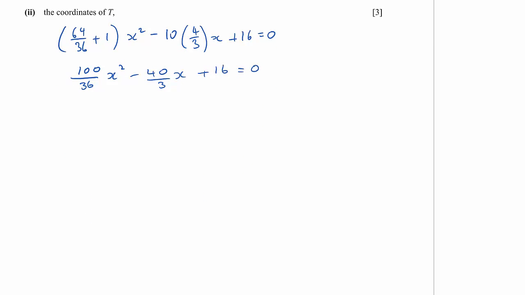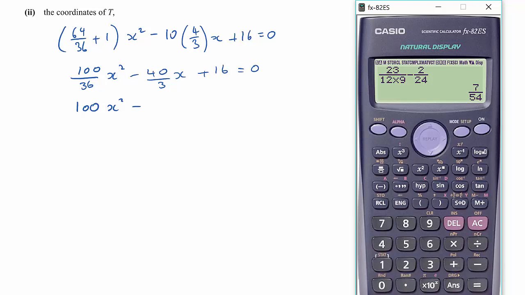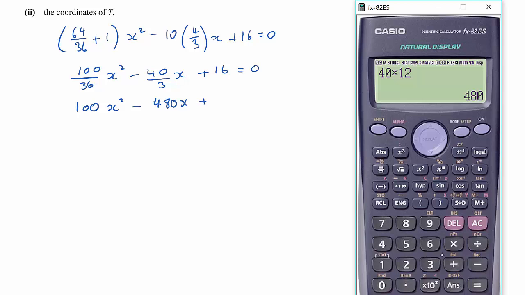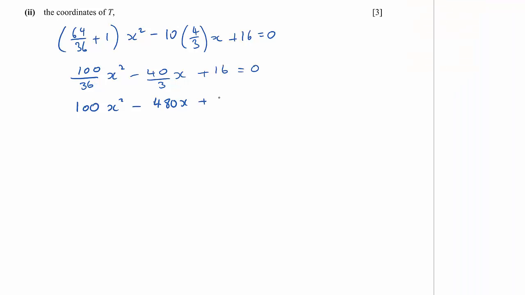Well, we could multiply right through by 36 to get rid of the fractions. So that's 100x squared. Take away 40 times 36 over 3, which is 40 times 12, 480. And then 16 times 36 is 576. I think we've got a common factor of 4 here.